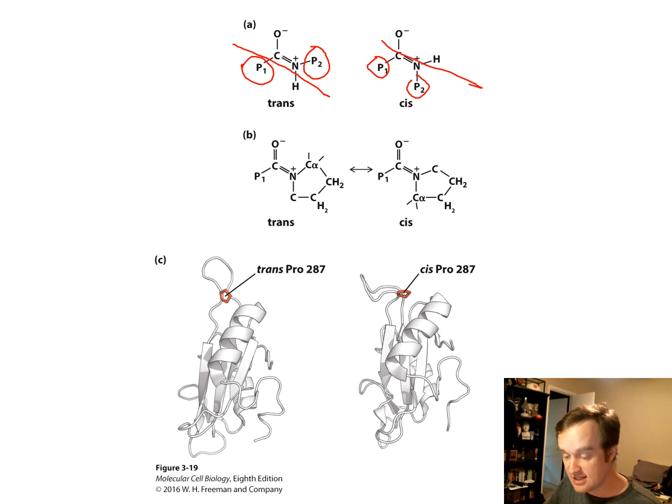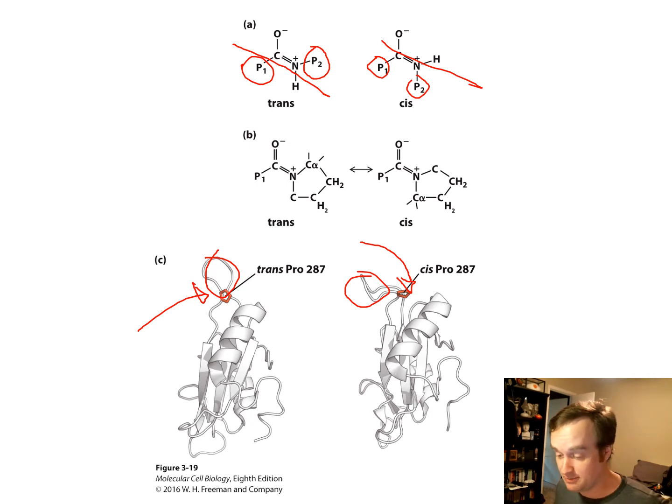As you can see here, we have a trans conformation at proline number 287 of the amino acid sequence. And here we have a cis conformation of proline 287. And you can see we have changes in the structure based on that proline's cis or trans conformation.